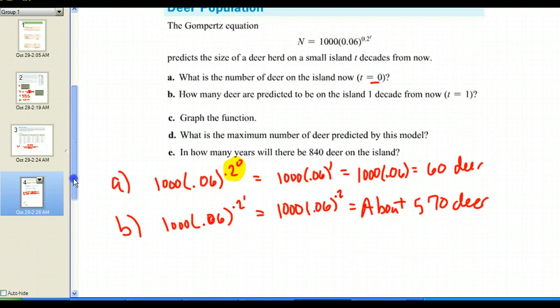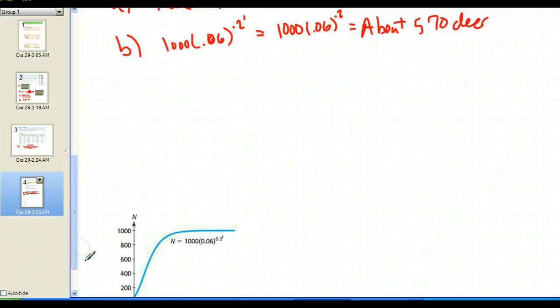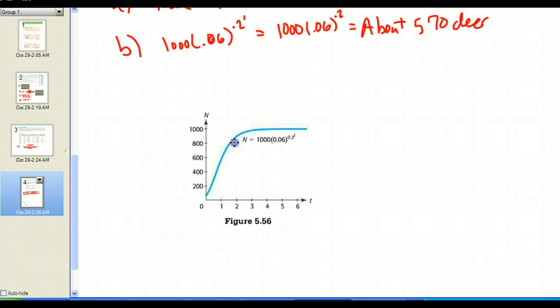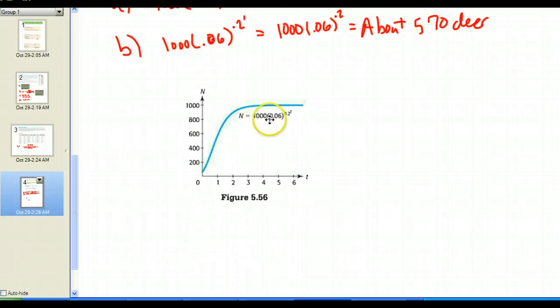Alright, now part C, graph the function. So I went ahead and cheated and got a graph of this from the book that I got this problem from. So this is basically what the graph will look like: 1 decade, 2 decades, 3 decades.